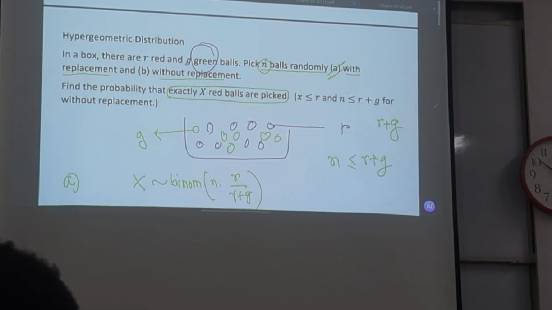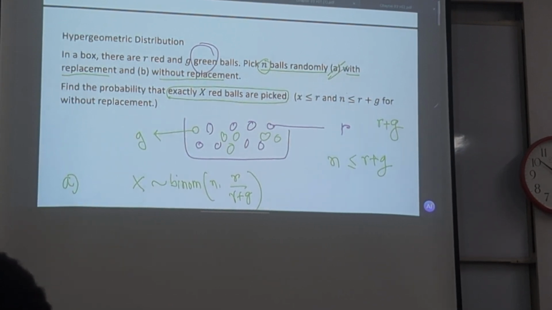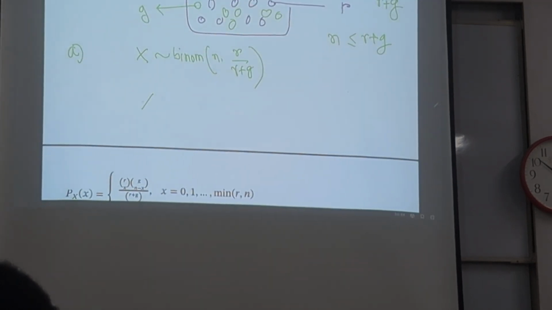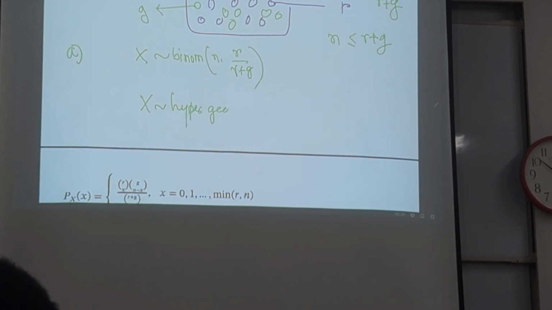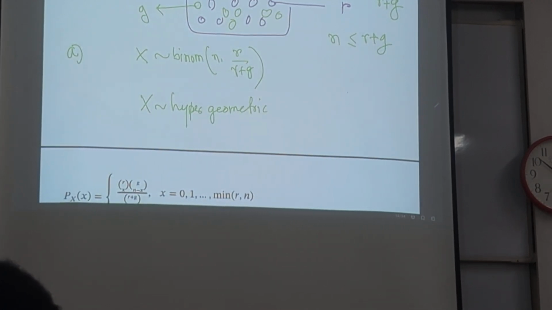Now, when you pick the ball without replacement, then this distribution of X is hypergeometric, with three parameters.